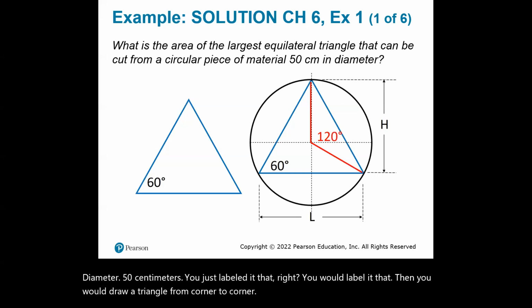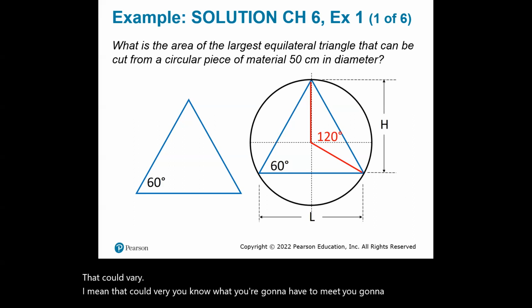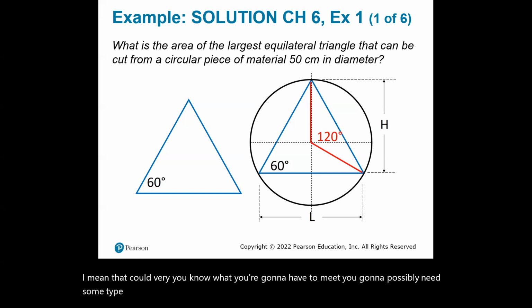All right. And the question is, what is the largest area of the equilateral triangle? Now, if you all draw like me, that could vary, but you're going to possibly need some type of formula in order to do this. So you do know angles though, right?